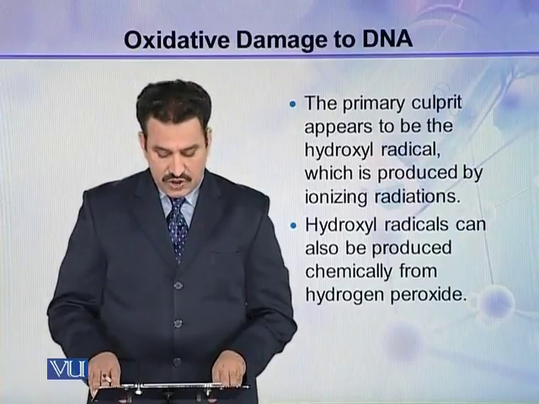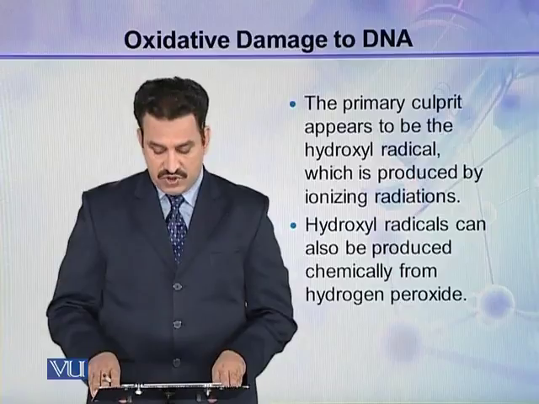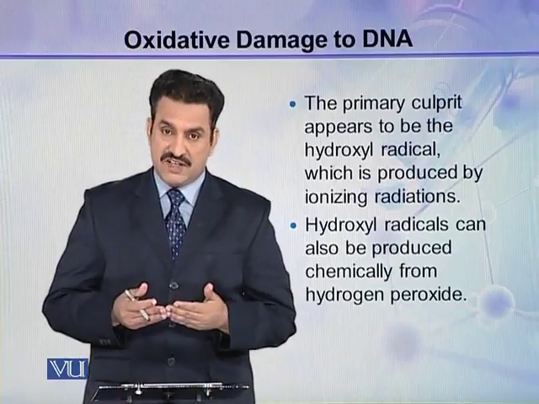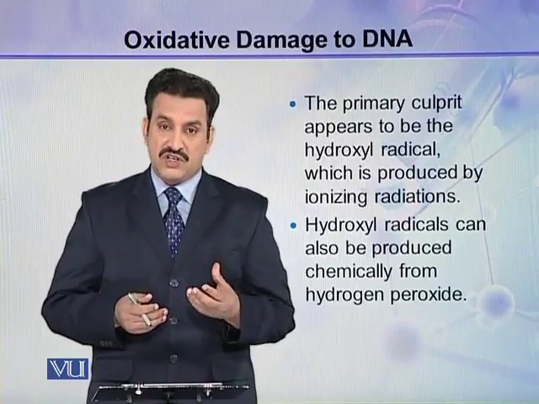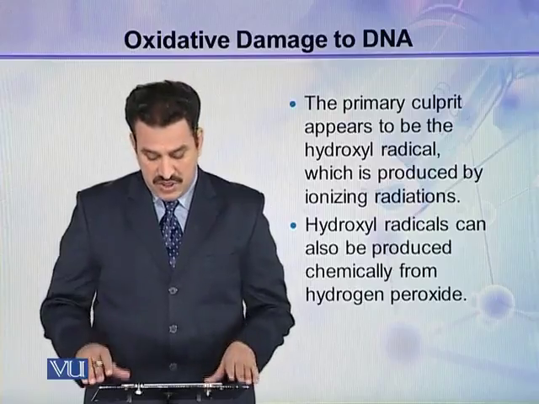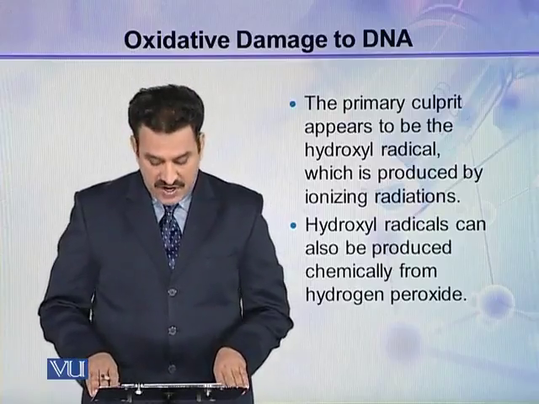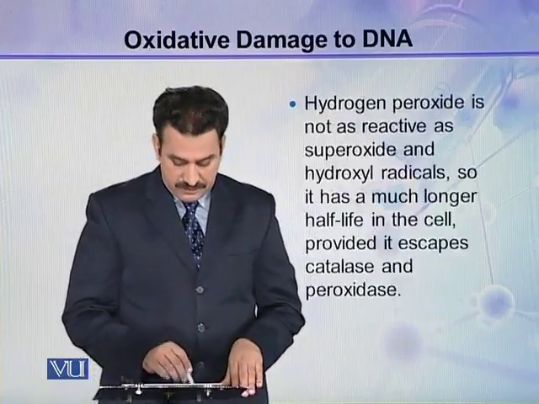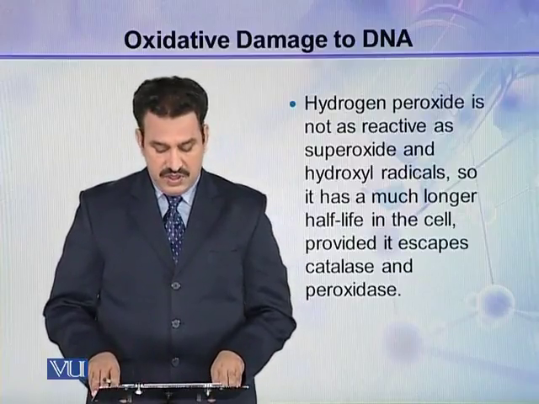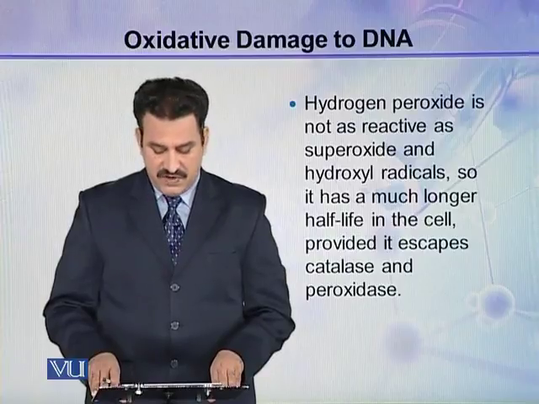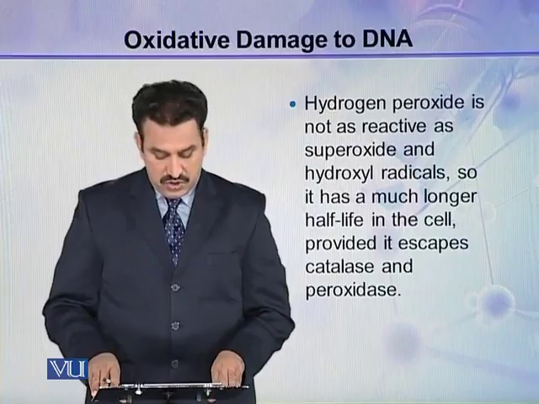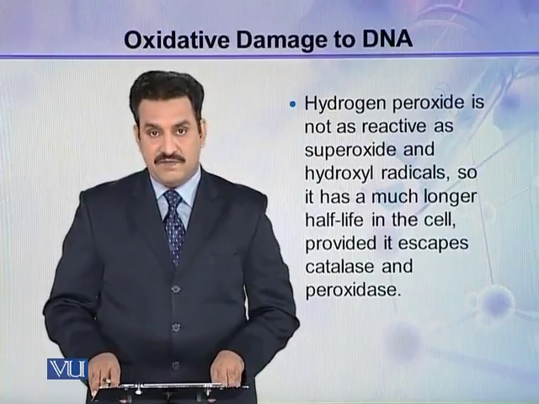Hydroxyl radicals can also be produced chemically from hydrogen peroxide. So one source of these hydroxyl radicals is ionizing radiation, and the other is chemical reactions, in which they are produced from hydrogen peroxide. Hydrogen peroxide, H2O2, is not as reactive as superoxides and hydroxyl radicals, so it has a much longer half-life.